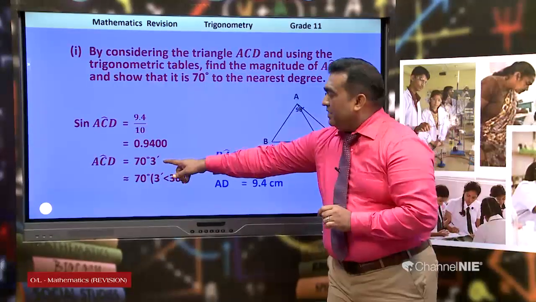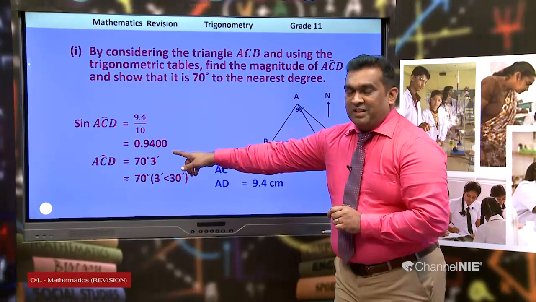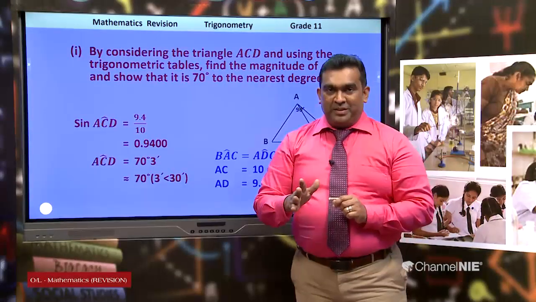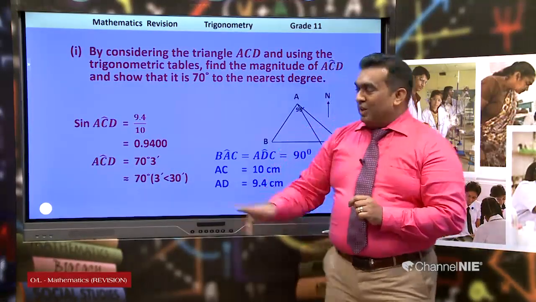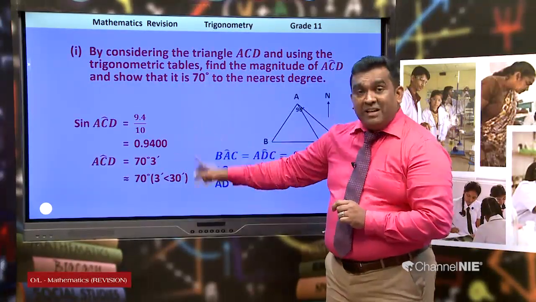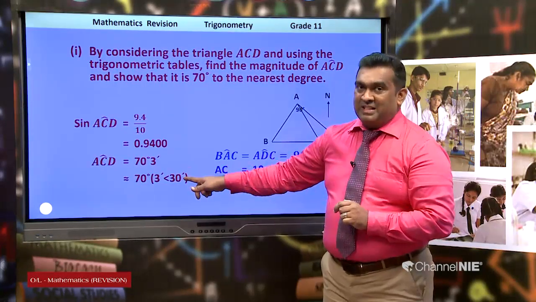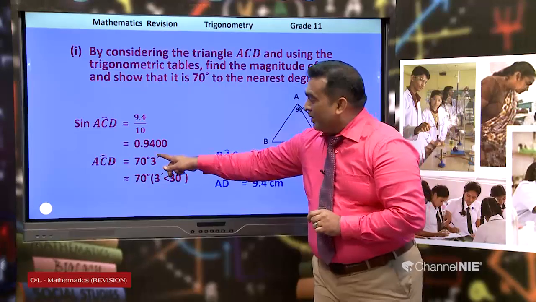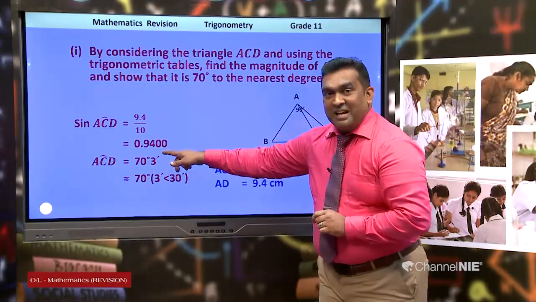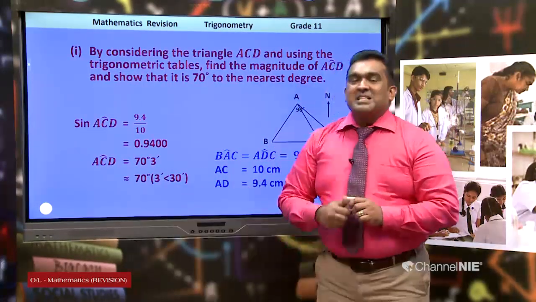Here 70 degrees and 3 minutes, according to the rules of rounding off. 3 minutes is less than half of a degree. It means 30 minutes. Therefore, you can neglect this one. After rounding off, you can consider only 70 degrees.